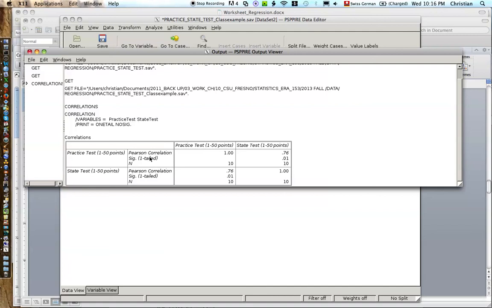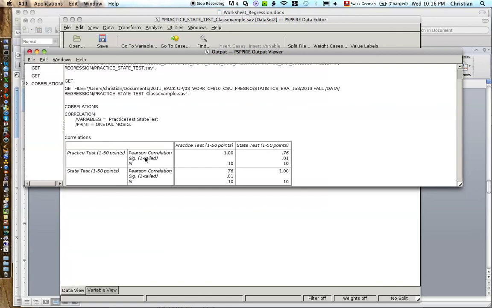But here we have the Pearson correlation, and the first number you see is a 1. That's basically correlating practice test with practice test. Correlating a variable with itself is 1. Correlating practice test with the state test, and here this is the number that we're looking for, 0.76. So 0.76 is the correlation coefficient for the correlation between practice test and state test.